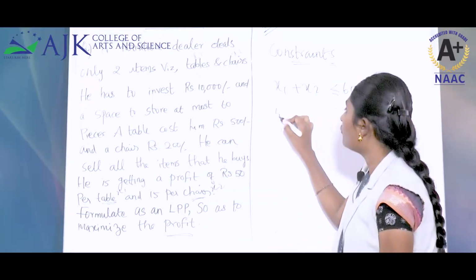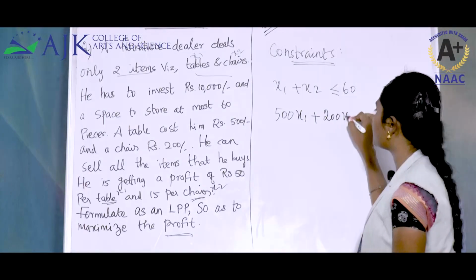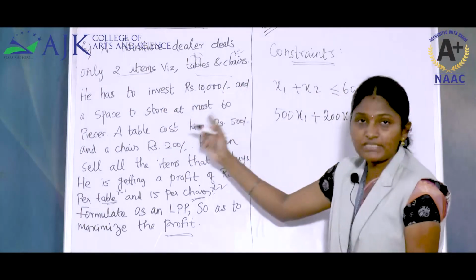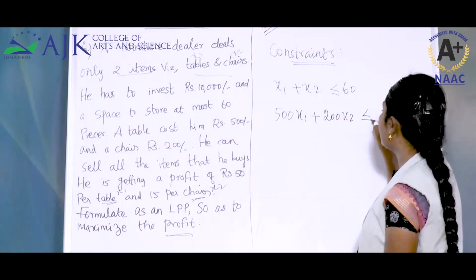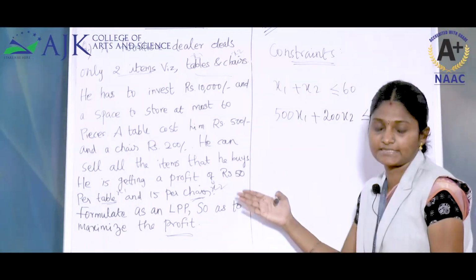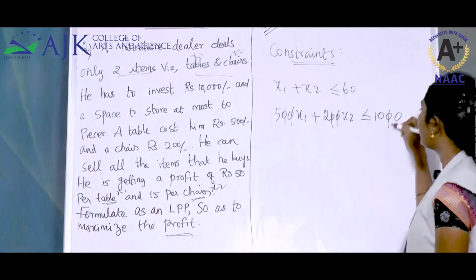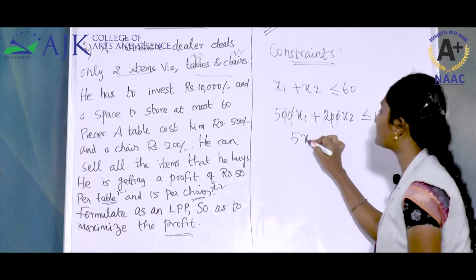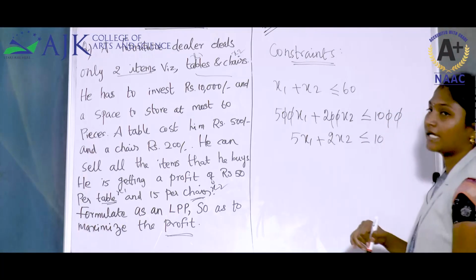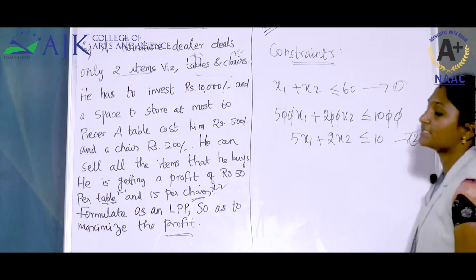Therefore, 500x1 plus 200x2. Here, the dealer invests rupees 10,000, therefore less than or equal to 10,000. This is our next constraint. Here, we cancel the two zeros from each term. We get 5x1 plus 2x2 less than or equal to 100. So this is our first constraint and this is our second constraint.